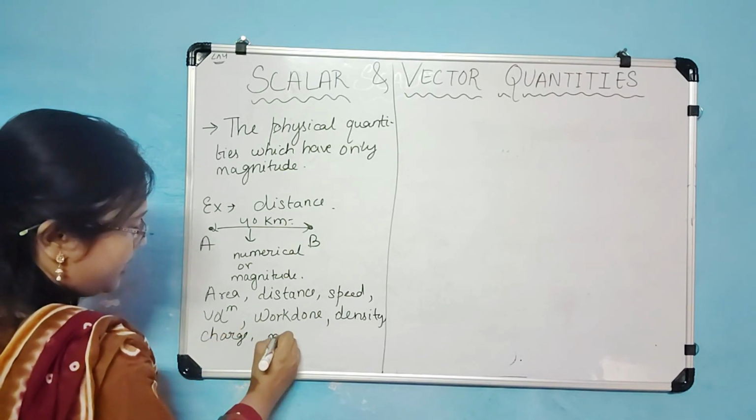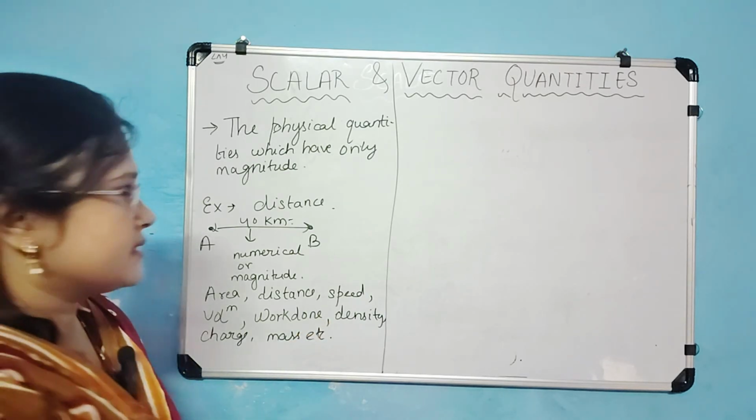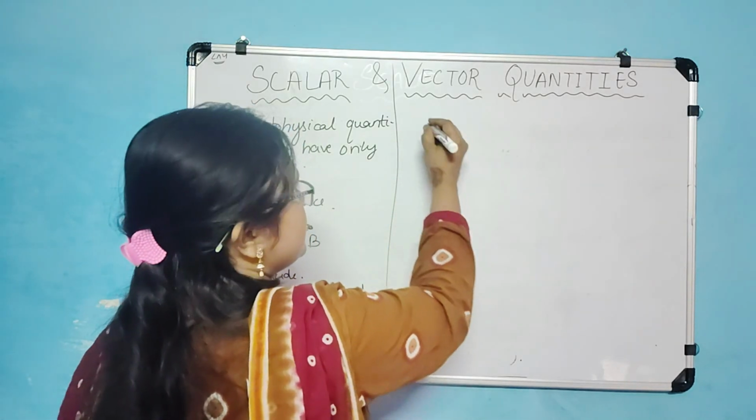Charge, mass. These all are scalar quantities. Okay. Now let's move to vector quantities.